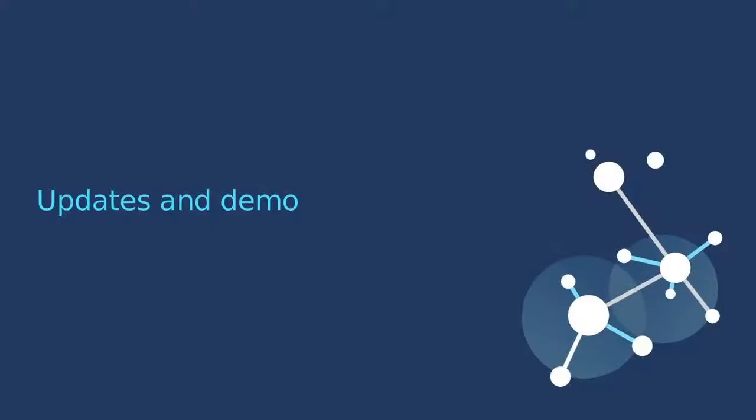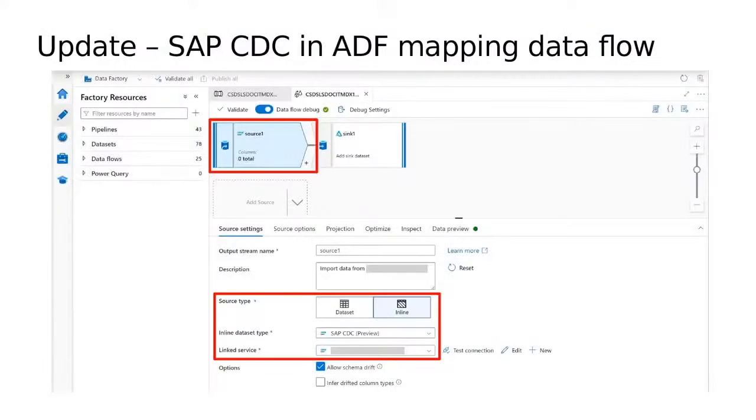Now, what we took away from this and what we basically enhanced our solution with is the following. We came up with a consolidation of the initial solution consisting of a copy activity followed by a mapping data flow template, and basically brought the connector into mapping data flow. So with the latest update, which we delivered a while ago, you can now use the SAP CDC connector as a source in mapping data flow.